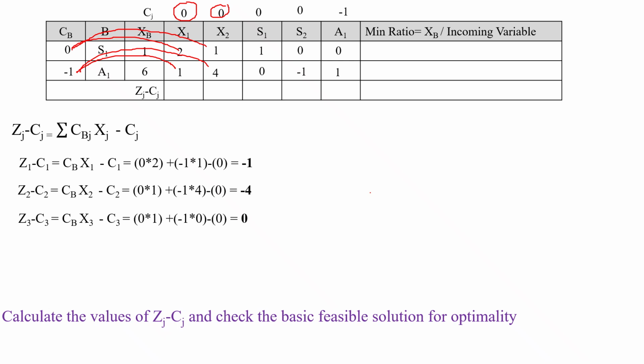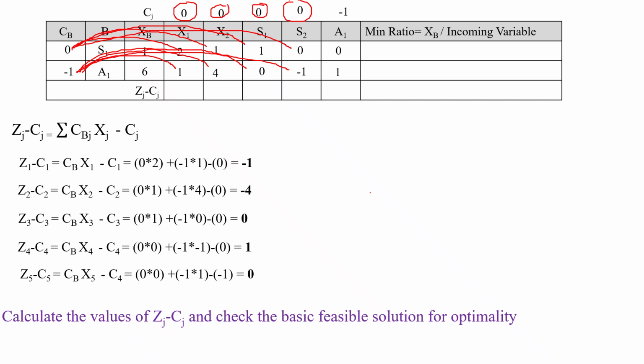Next Z3 minus C3 for the third variable, that is S1: 0 into 1 plus -1 into 0 minus 0, its value is 0. Next Z4 minus C4 for the fourth variable, that is S2: 0 into 0 plus -1 into -1 minus 0, its value is 1.